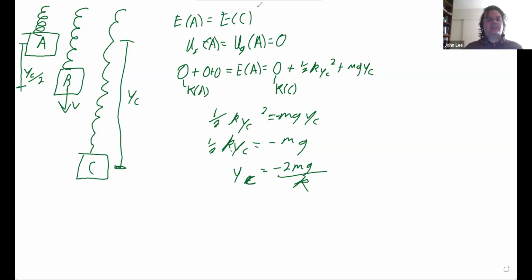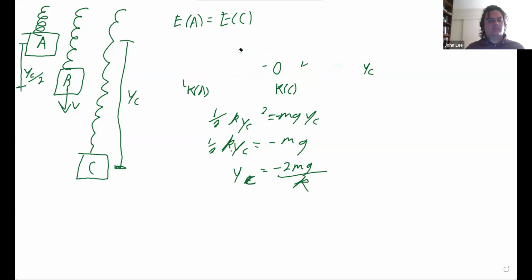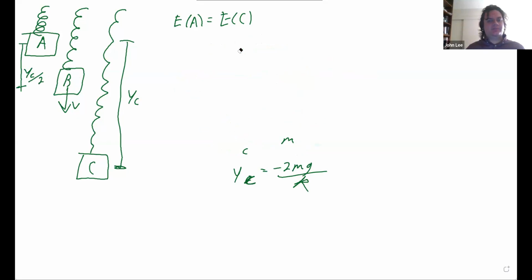So if this is the case, then finding the kinetic energy at this point is going to be EA equals EB equals 0.